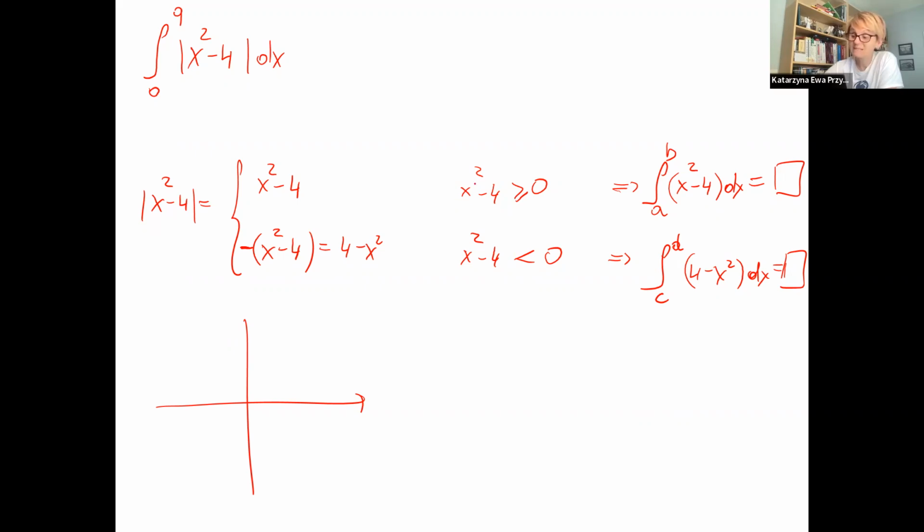Parabola. And this is x squared, parabola, shifted 4 units down. Perfect. I mean, this is 4, this is 2 and 2. I mean negative, of course. Okay, that's where we may see where it is negative. Negative is here. Yeah, this is just the inside function, of course.